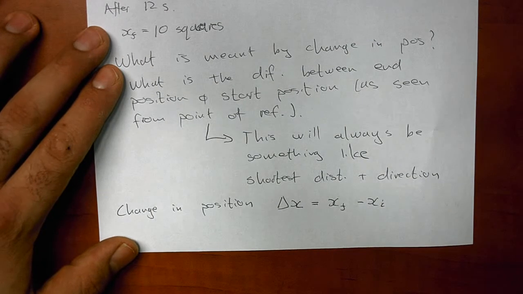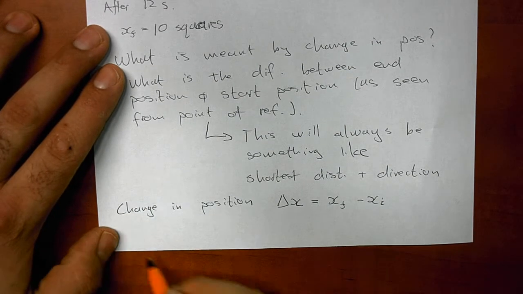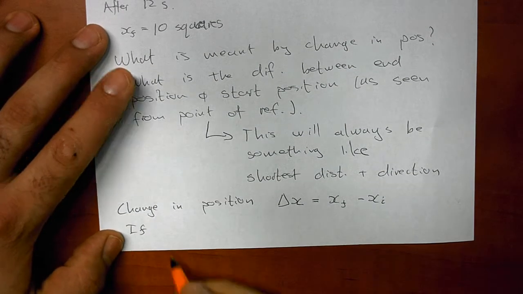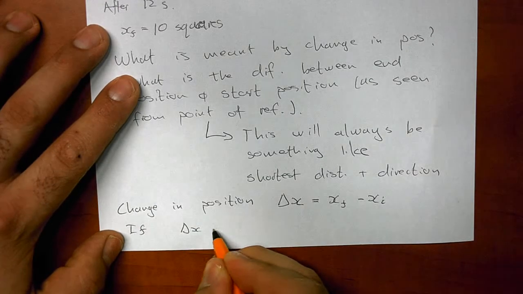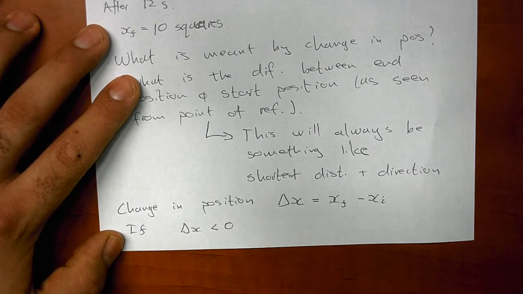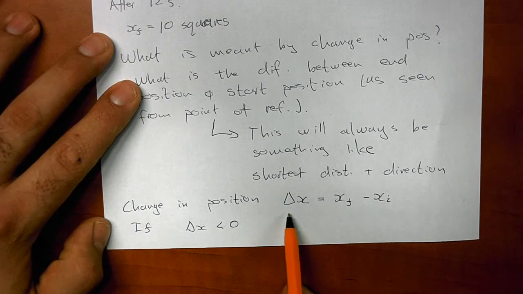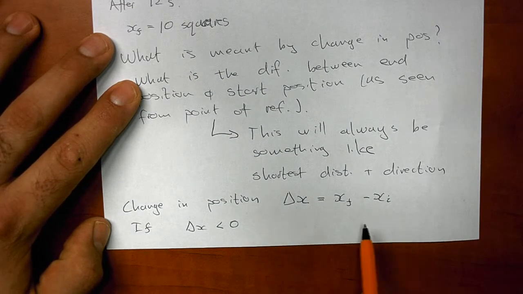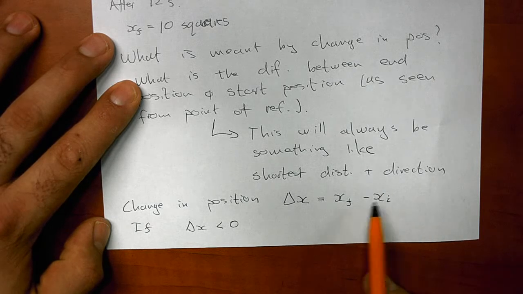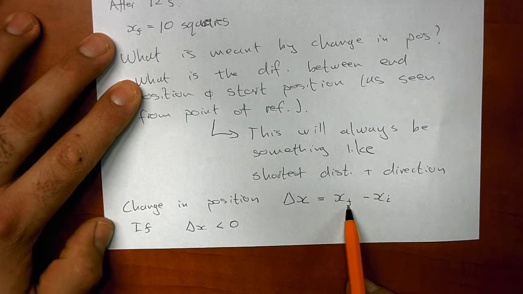So if, for example, delta x is smaller than 0, if delta x is a negative number, it means that the initial position must be larger than the final.